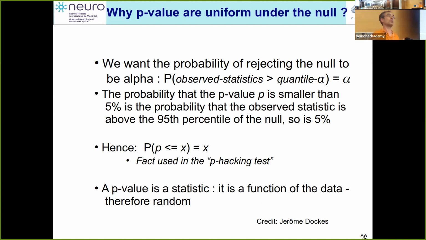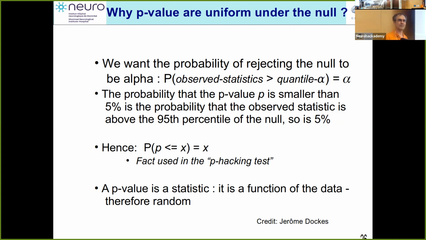If you think of the definition, what is the definition of a p-value? Then it becomes almost tautological that they are uniformly distributed under the null. The interesting aspect is that this fact has been used. You've heard in Ross's talk about p-hacking a little bit, right?